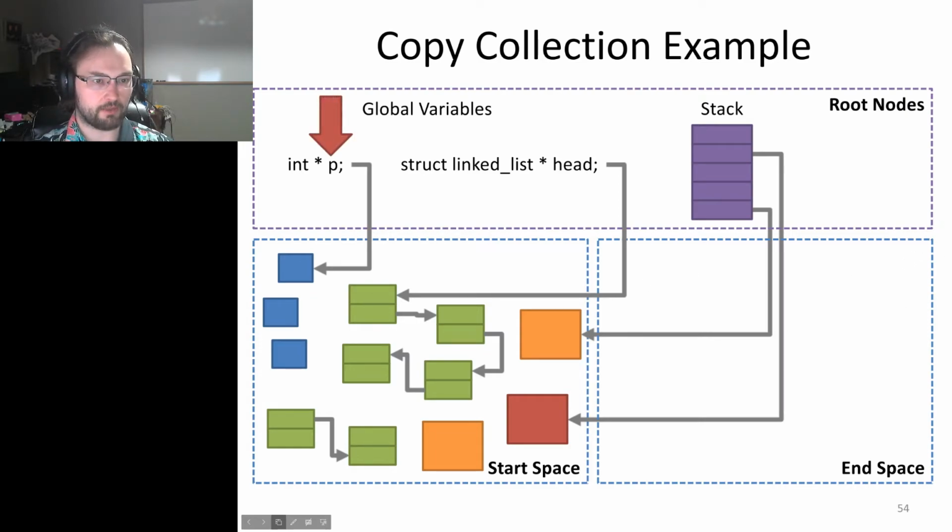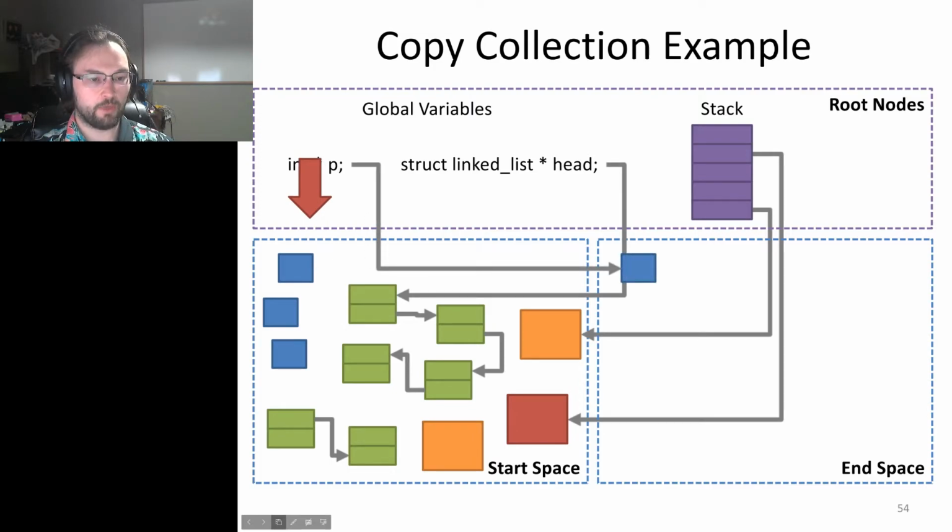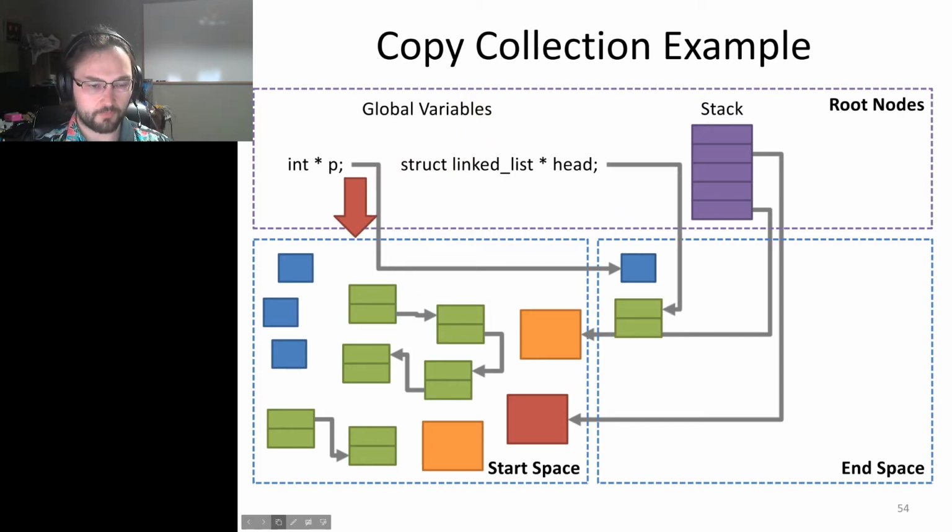We start at the roots, we figure out what objects are still alive, we copy the objects from the old location in memory to a new location in memory in the other part of the heap, and then we're going to update the pointers, or the references, that point to those objects so they point to the new location.